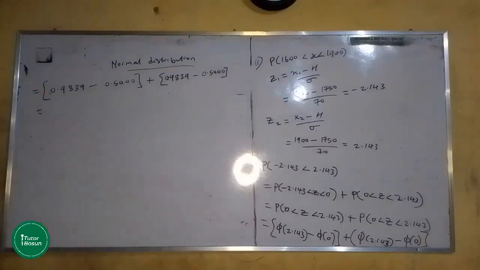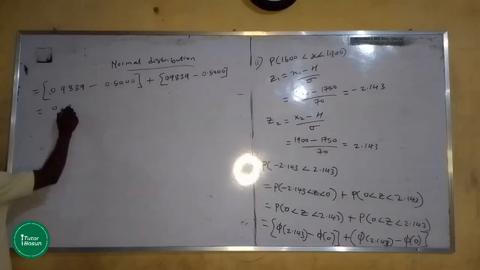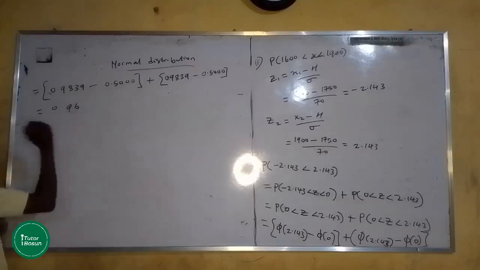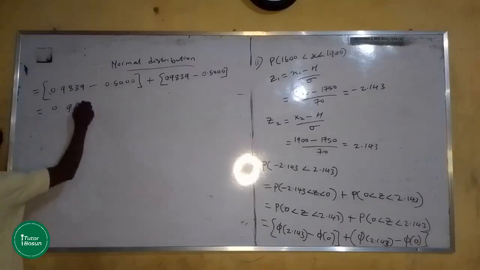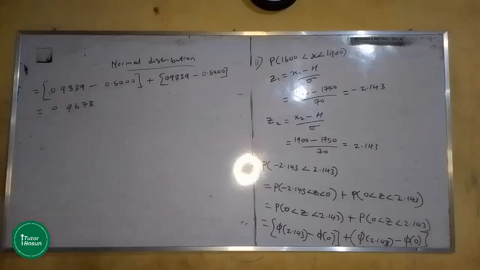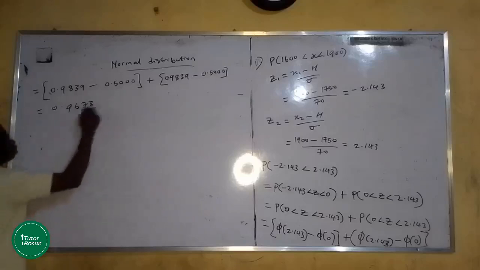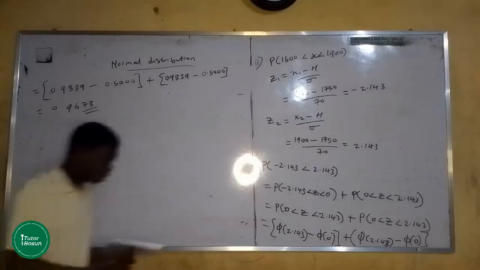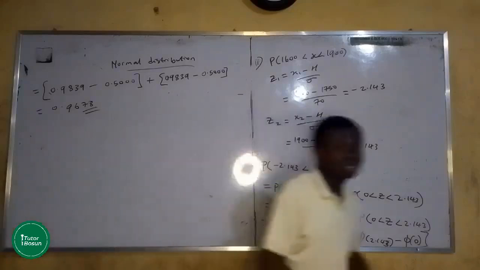If you do this very well, we should have 0.9678 as our final answer.